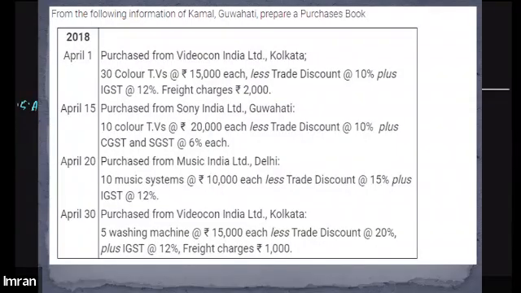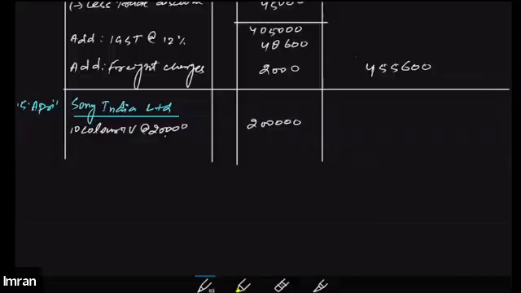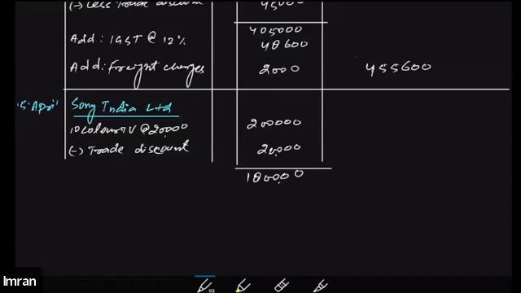And then we also got a trade discount of 10%. So we need to subtract trade discount, less trade discount of 10%, that will be 20,000. And after subtracting it, whatever the amount which is left, 1,80,000, we need to impose tax upon this.